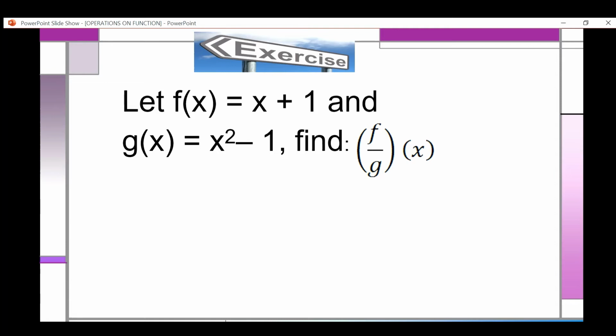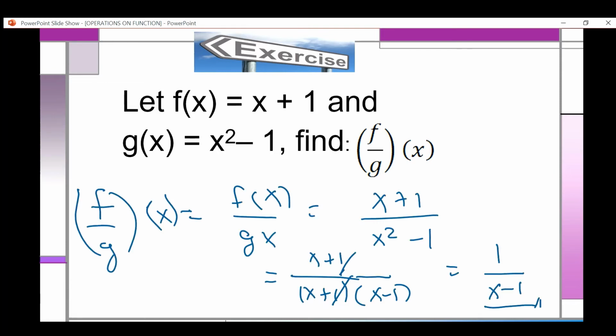Okay, so the answer is 1 over x minus 1. So sa substitute lang natin si f of x plus 1, over yung g of x natin is x squared minus 1.